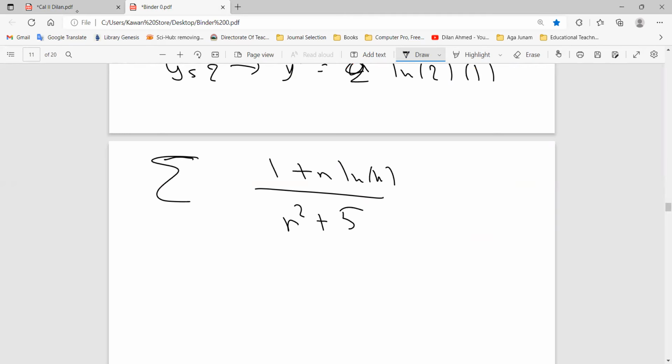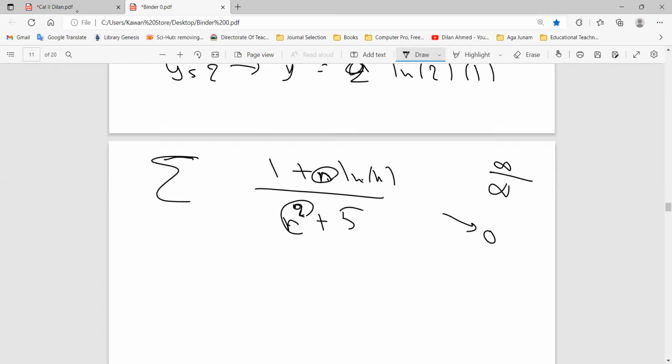It's not geometric, it's not telescoping. Let me check by the nth term test at least. It will be infinity over infinity, but the denominator's infinity is squared and the numerator's is n. If we divide by n, we get 0, right?